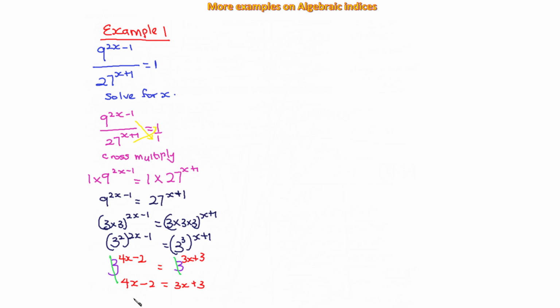Now take like terms. That's algebra. Once you are taking like terms, what are you supposed to do? You have 4x minus 2 is equal to 3x plus 3. Take like terms: this 3x will come here and this minus 2 will go to the other side.